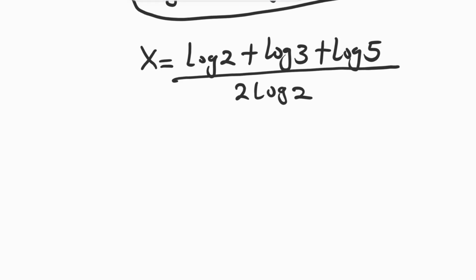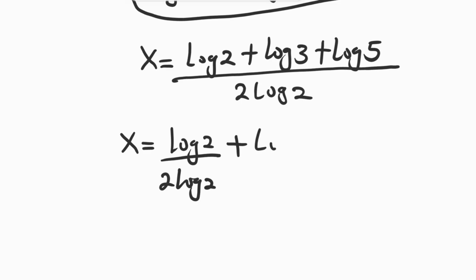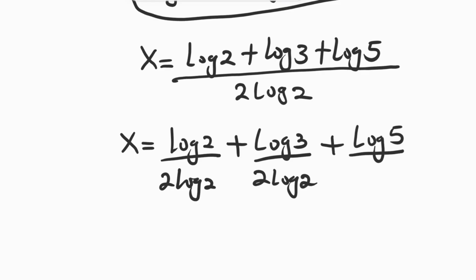Now at this point we can rewrite the right hand side as standalone fractions. So what we have as x is now equal to log of 2 divided by 2 log 2 plus log of 3 divided by 2 log 2 plus log of 5 divided by 2 log 2.